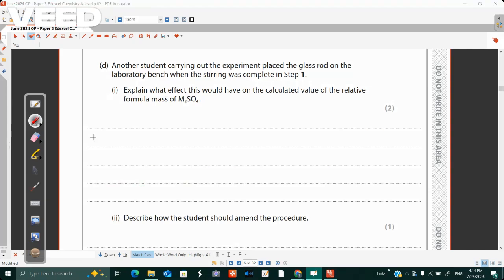So it means you are going to get a low mass here, right? Low mass means, right? You are going to have what?